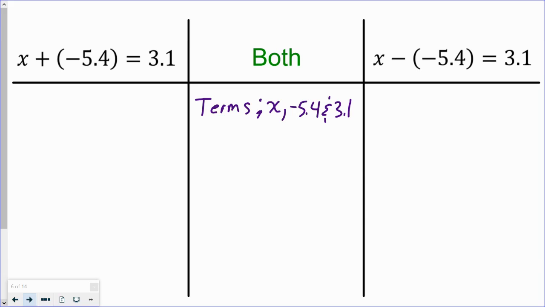We are going to solve them both and check them. Remember, to solve, we're trying to get our variable by itself. We want to isolate it. So what's different? This one is written as an addition, and the other one is written as a subtraction.